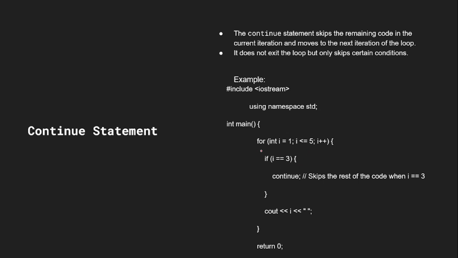For int i equal to 1 and i less than or equal to 5, it takes the iteration, and when it reaches 3, it moves inside the if statement. In the if statement there is a continue keyword that skips this part of the iteration in the loop.